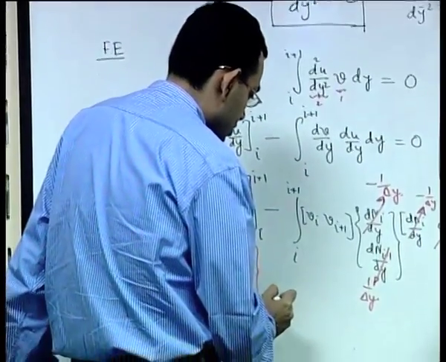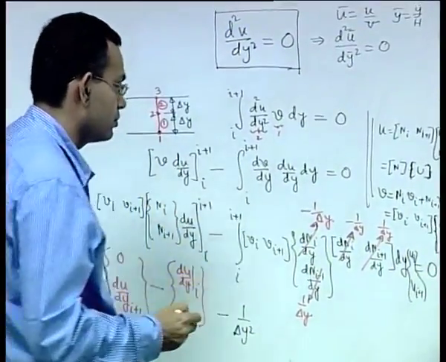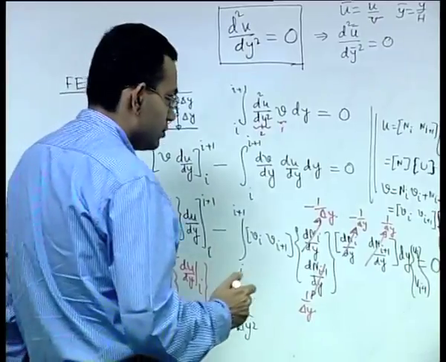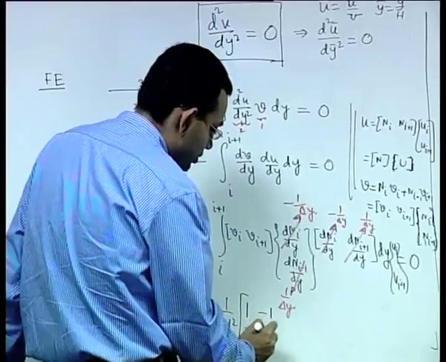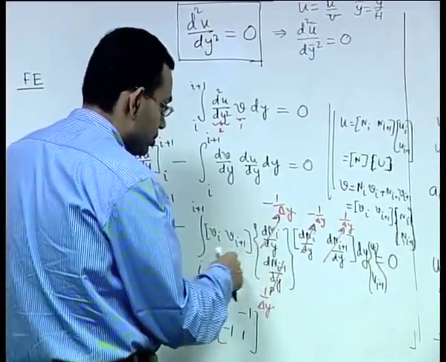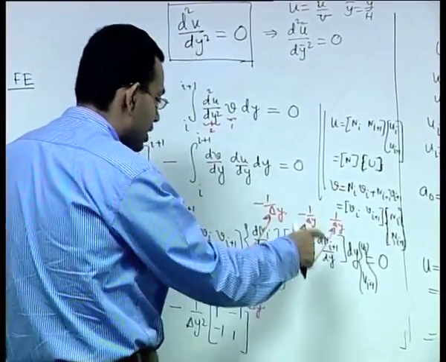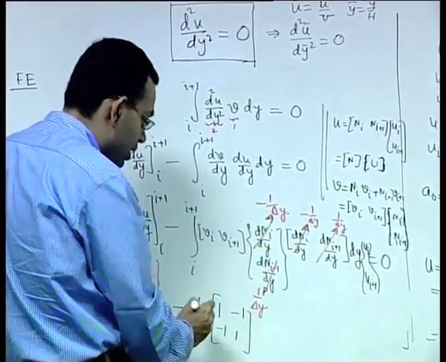Minus 1 by delta y square, then 1, minus 1, minus 1, 1, there is 1 by delta y square, then there will be the integral of dy. So, that will be delta y, so 1 by delta y will remain.